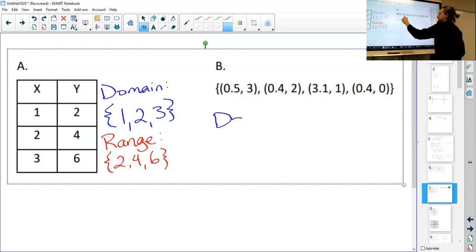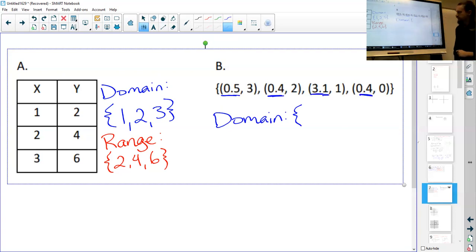Okay. Our second one, just a set of points. Same idea, right? So domain, dots, curly brace. So remember, in ordered pairs, the X values come first. So the smallest one up here is 0.4. I'm just going to put 0.4. Even though there's 2 of them, I'm not going to write them both down.